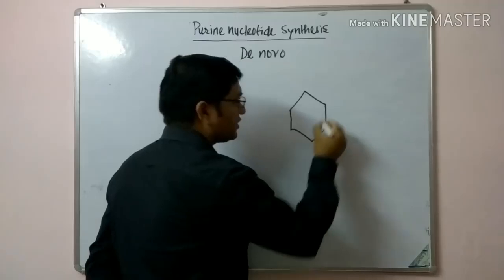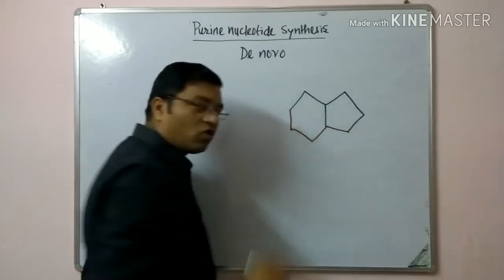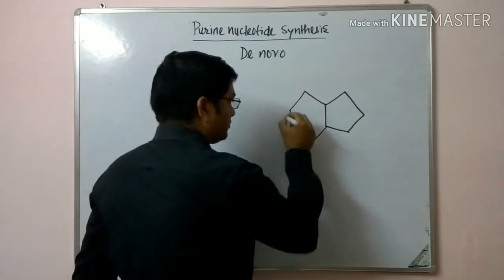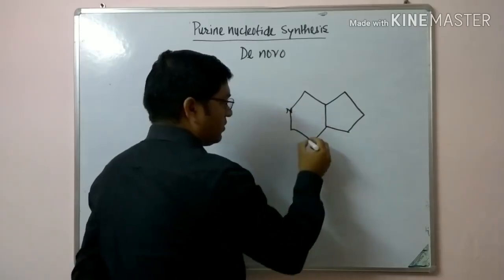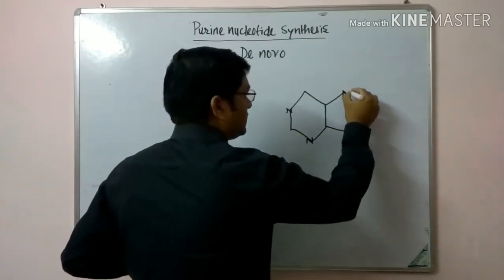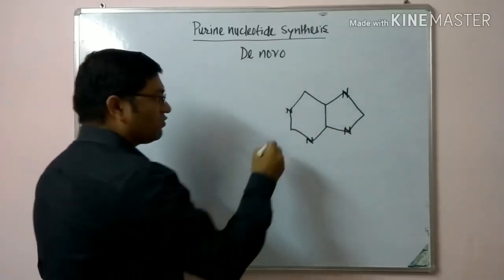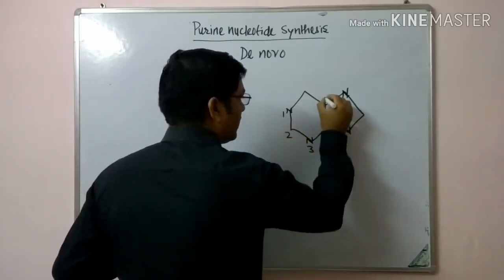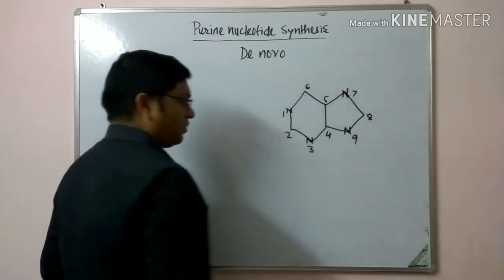This is a purine structure. It is numbered in a clockwise direction. This is the first nitrogen, then this is N and this is N. It is numbered in a clockwise direction: 1, 2, 3, 4, 5, 6, 7, 8 and 9.